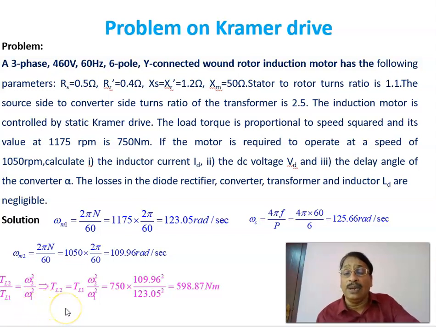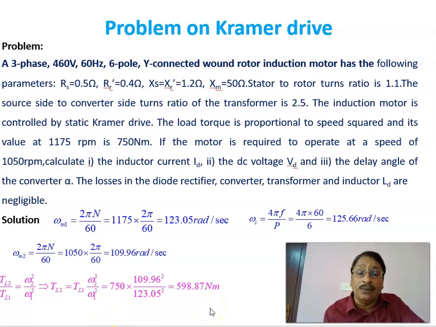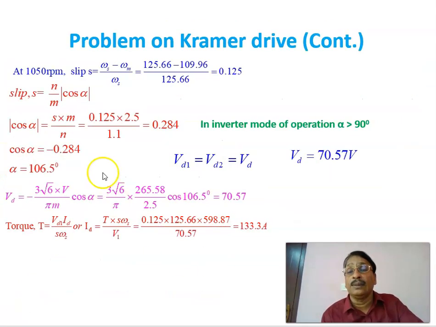From that equation, you can find the torque corresponding to 1050 rpm: TL2 equal to TL1 into omega 1 square divided by omega 2 square. Substituting that, we get 598.87 Newton meter. This is the torque corresponding to the speed 1050 rpm.